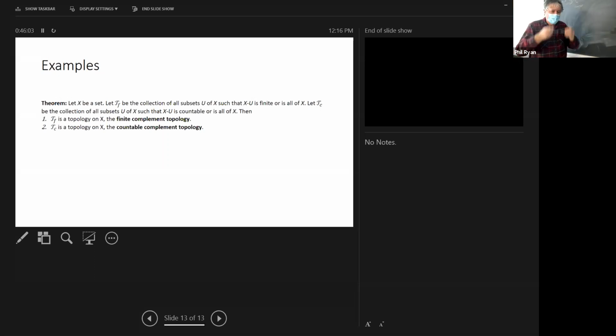So let's finish off by proving that. Or just the first one. So why is that true? We want to show that T_F is a topology. So let's go through the three requirements. The first one is that X and the empty set are in it.